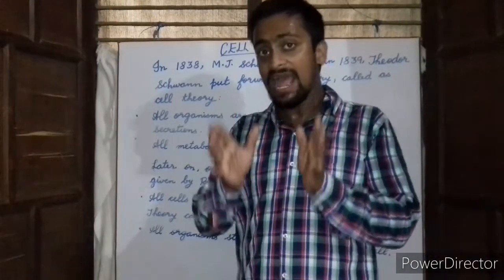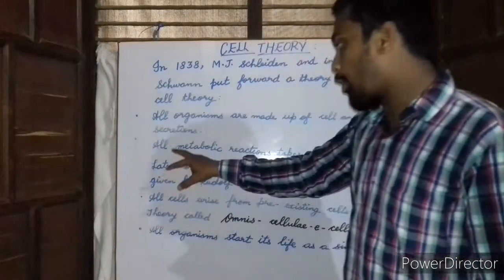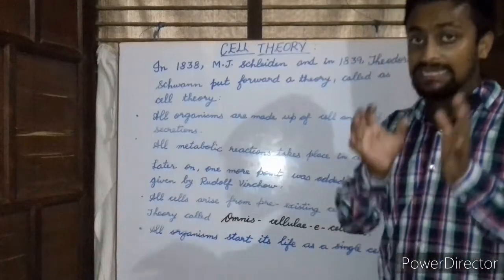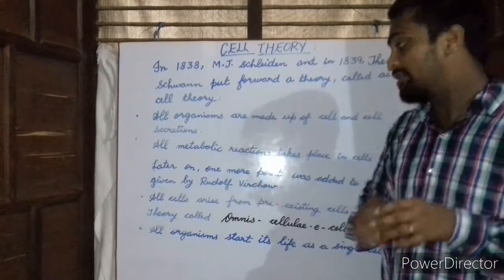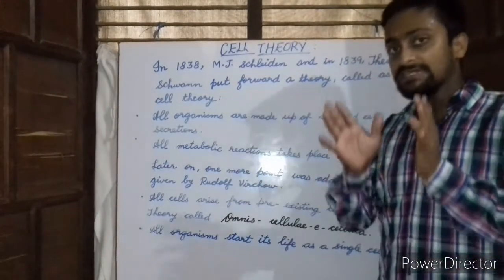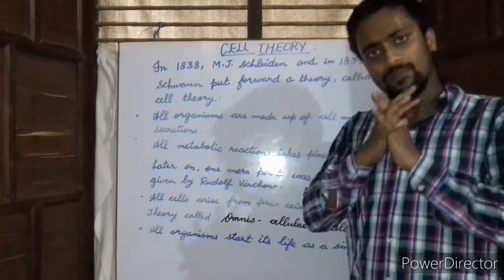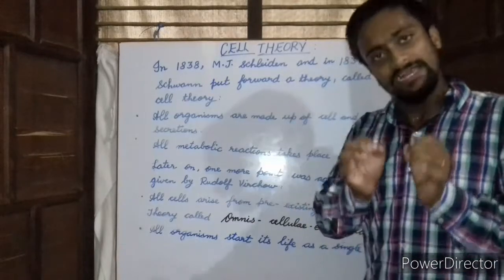This cell theory has two important points initially. First, all the organisms are made up of cells and cell secretions, which means the cells are the structural unit of life. Second, all the metabolic reactions take place in cells, which means the cells are the functional unit of life. Together, both of these points constitute that cells are the structural and functional unit of life.